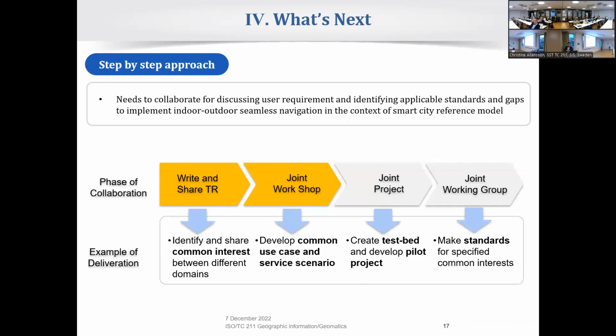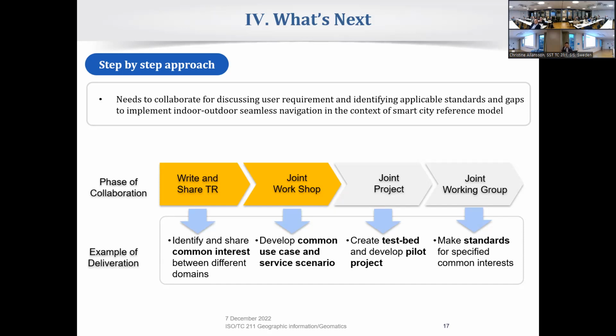And the final slide, I think, is that for the use cases for different domains, the geospatial standards experts cannot understand all those different domain services. And domain people need to understand what geospatial standards can contribute.